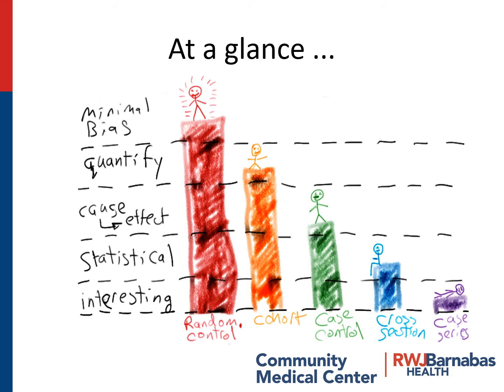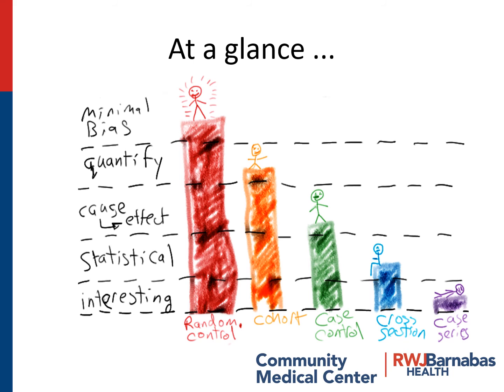So just very briefly at a glance, a randomized control study has minimal bias because of the effects of randomization. There's still bias, but it's as minimal as possible. A cohort study has the ability to quantify the effect you're looking for.